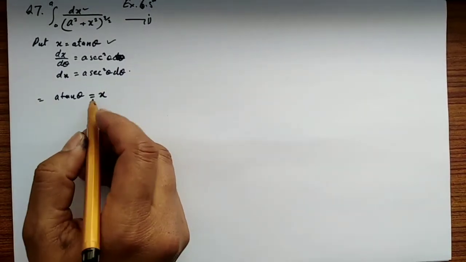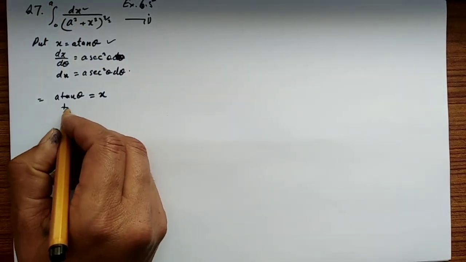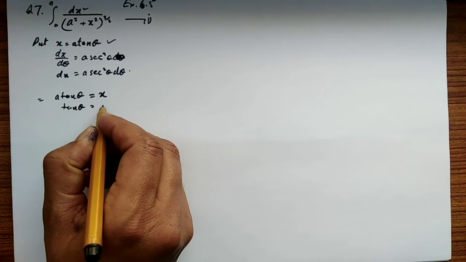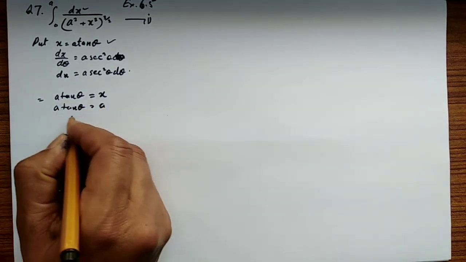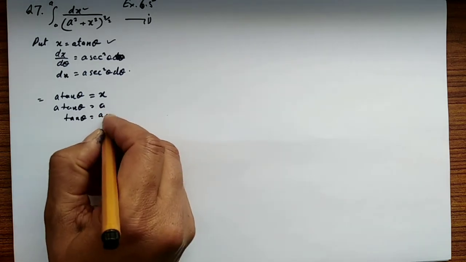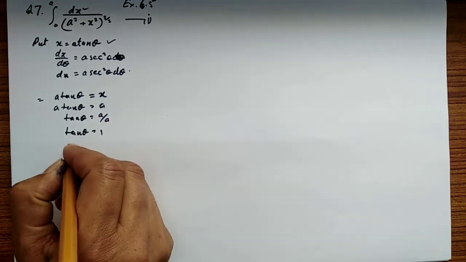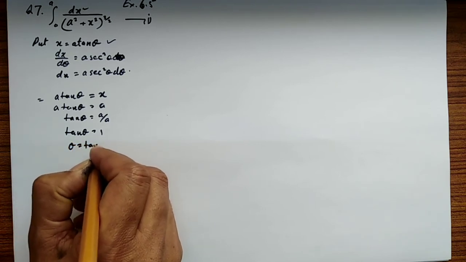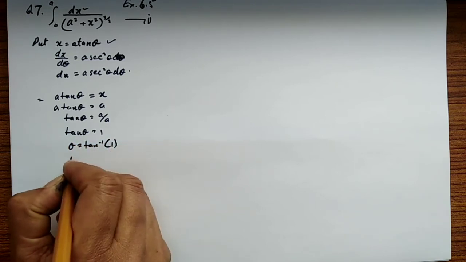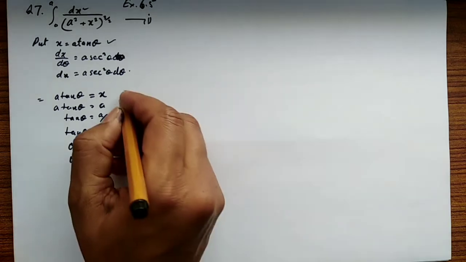So in place of x, we are going to put the upper limit, that is a tan theta is equal to a. So here we have a, cross multiply this a here, a divided by a, tan theta is equal to 1, tan inverse of 1, that is theta is equal to pi upon 4.